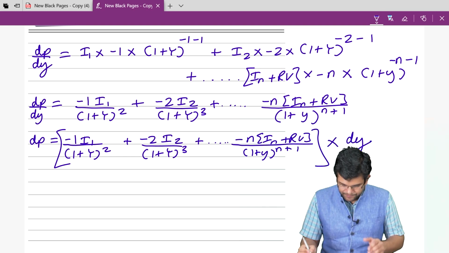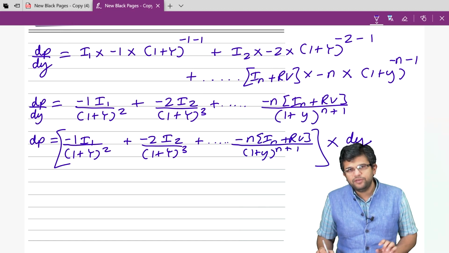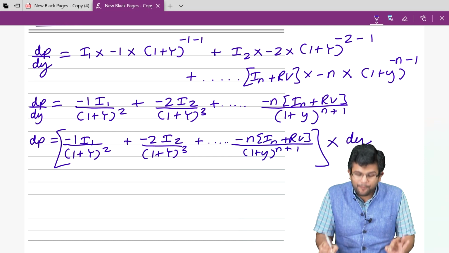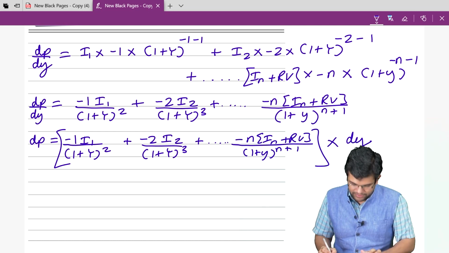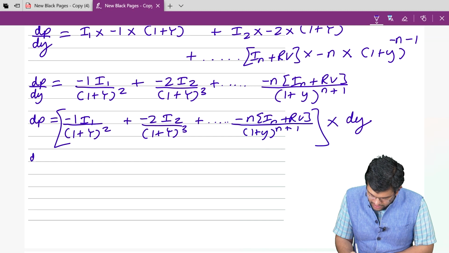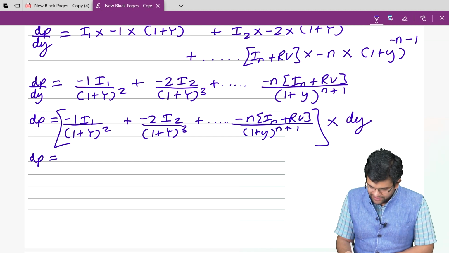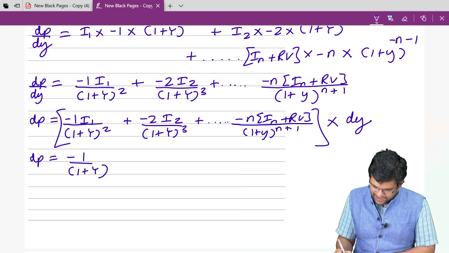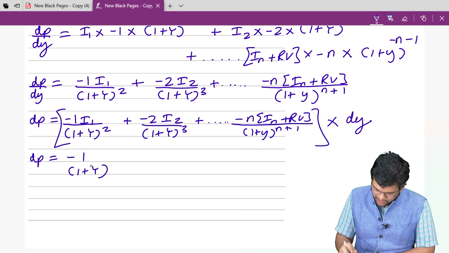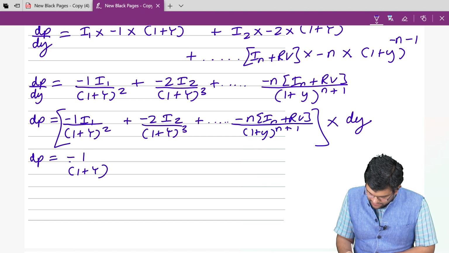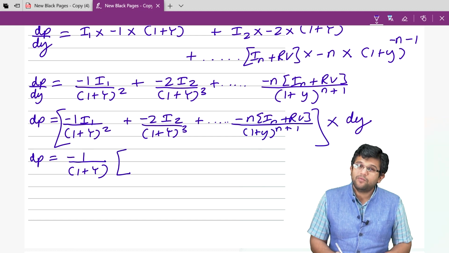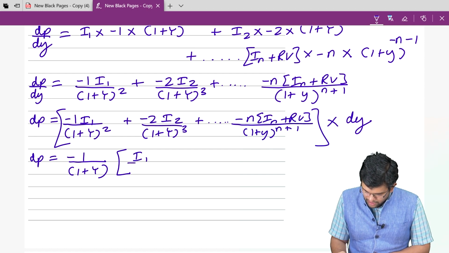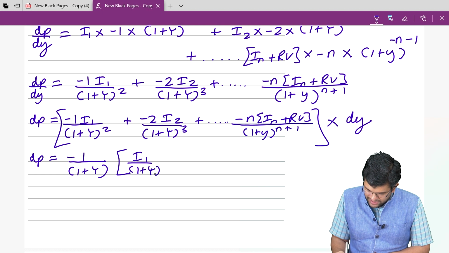Everyone clear with this? Now in this bracket, if you see, I can take out common minus 1 upon 1 plus y, and let's see what happens. So dp is equal to, I am taking common minus 1 upon 1 plus y. So now, children, tell me what will happen now. Do you understand that here I will have I1 upon 1 plus y raised to 1?